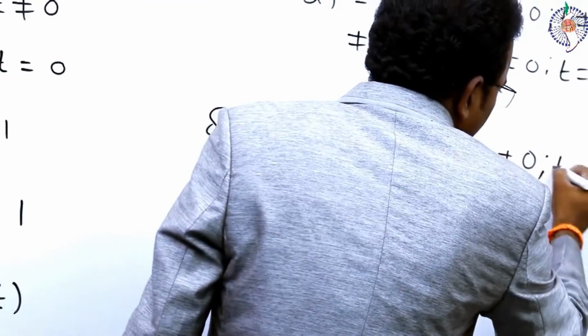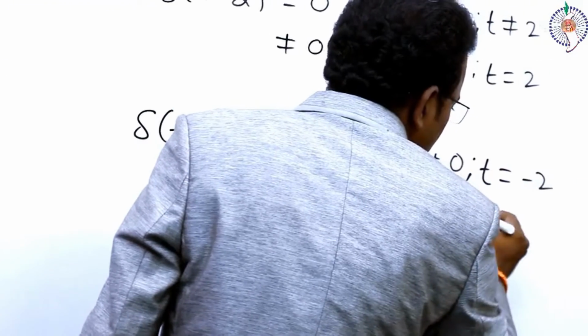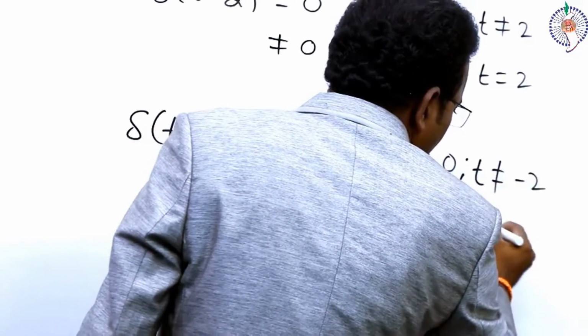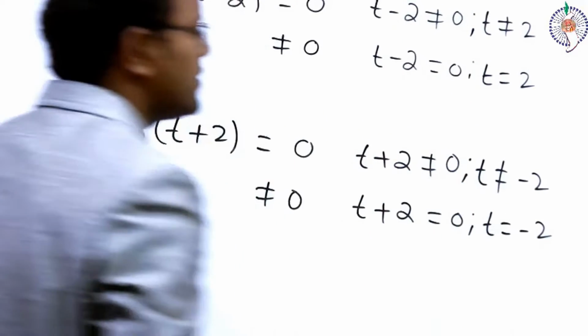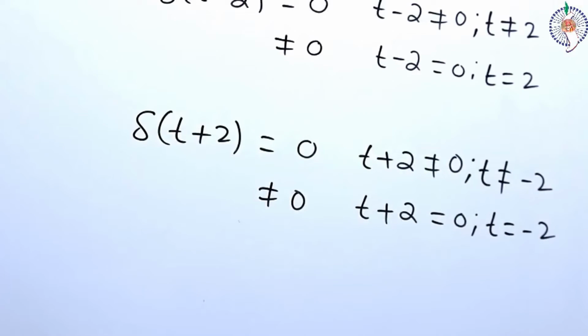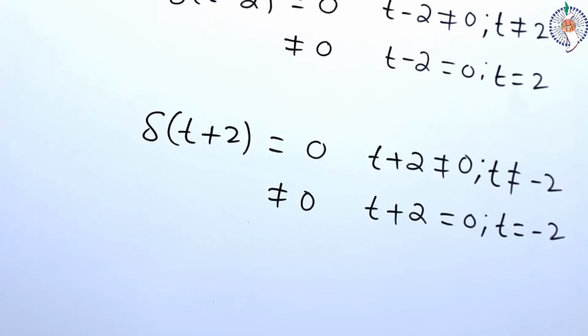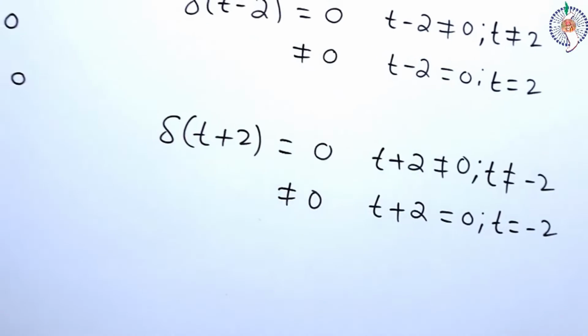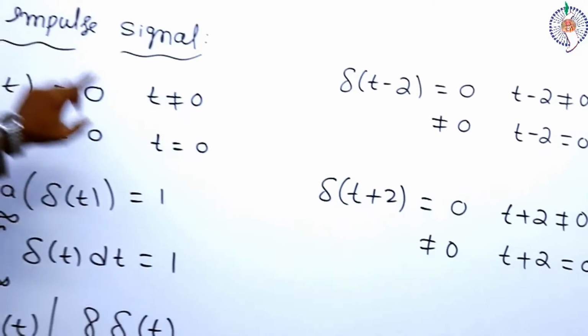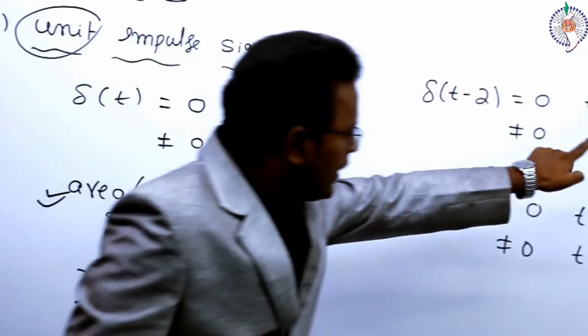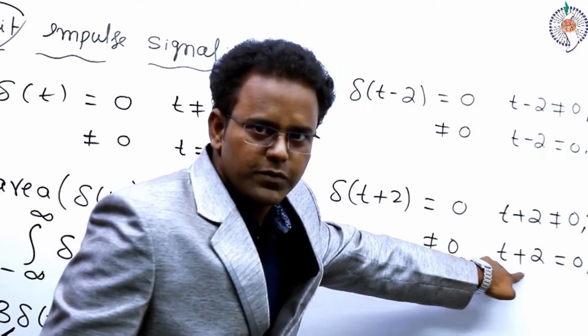That is, t equal to minus 2, t not equal to minus 2. So only one point we have to remember, students: impulse signals exist when the argument is equal to 0.